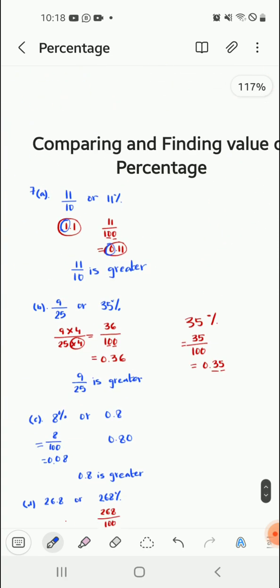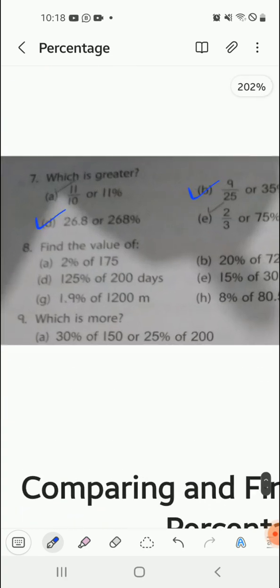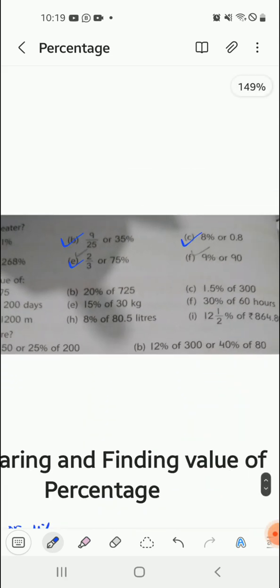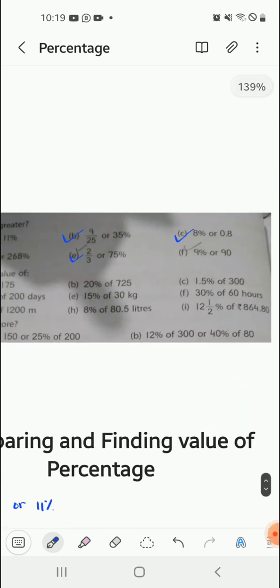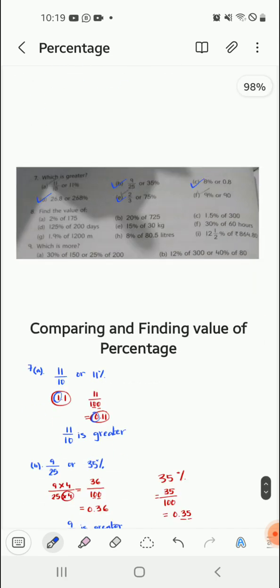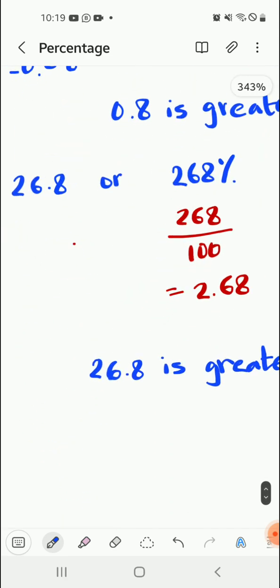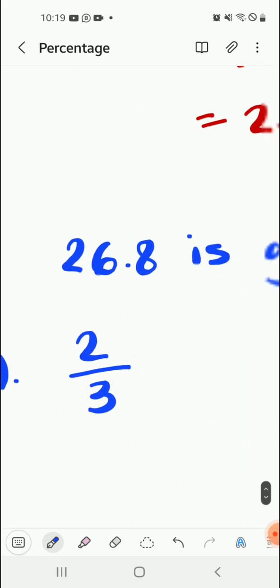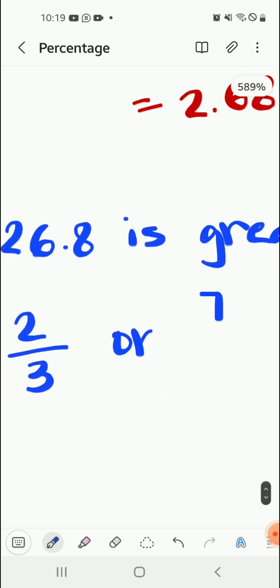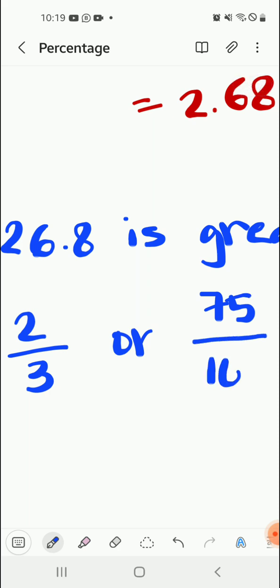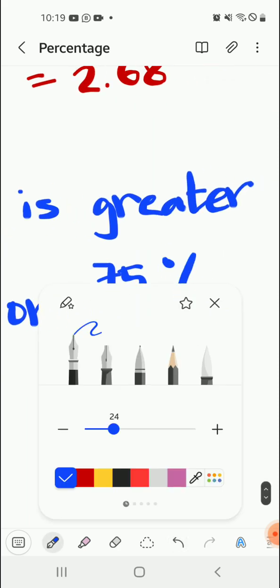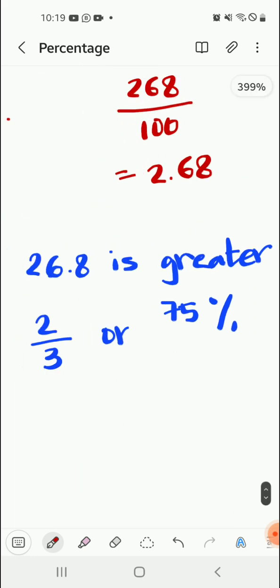Moving on to the next question, number E. 2 by 3 or 75%. Which one is greater? Over here the first number is given as a fraction in its lowest form.